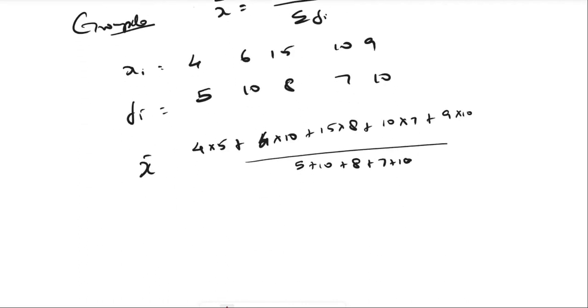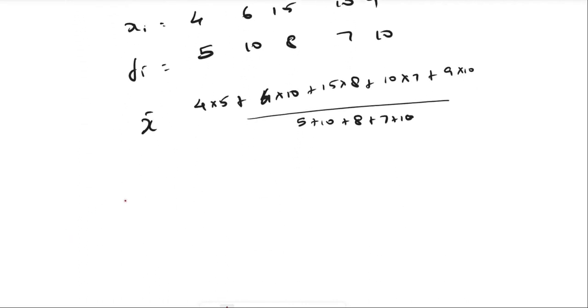So when calculating the mean value, the summation of fi xi we get is 360, and dividing by 40, we get 9 as our mean value for the group.